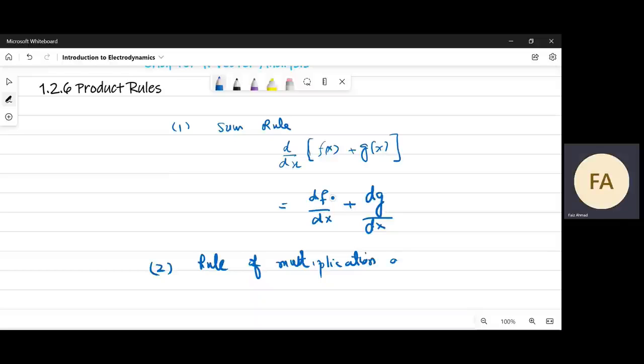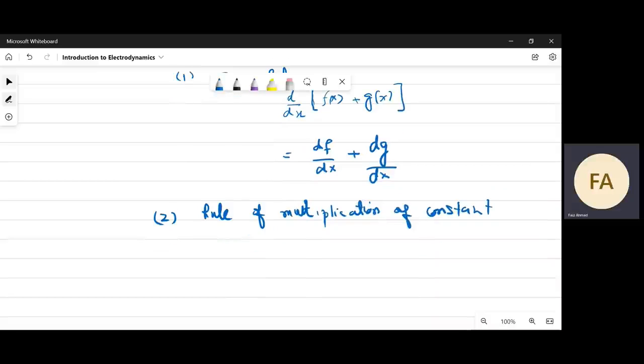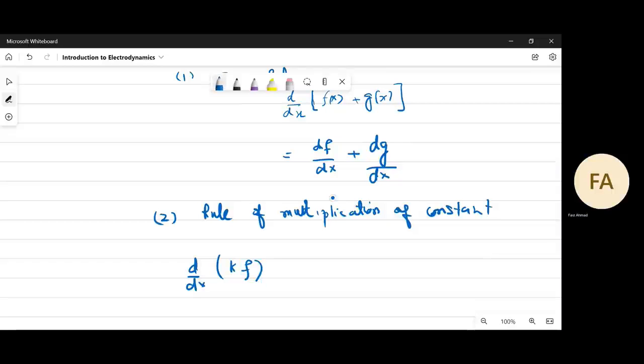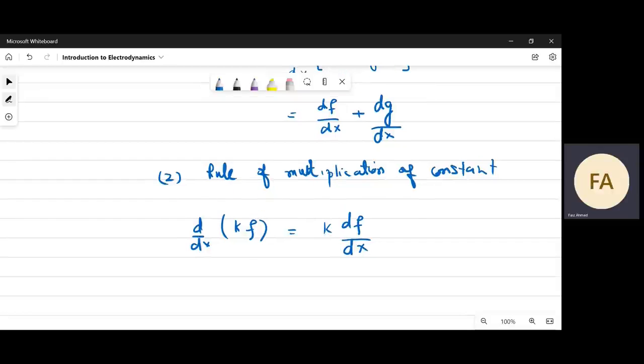So if you have d over dx of k, a constant, times f, a function of x, then we get k df over dx. So the constant can come out from the derivative.